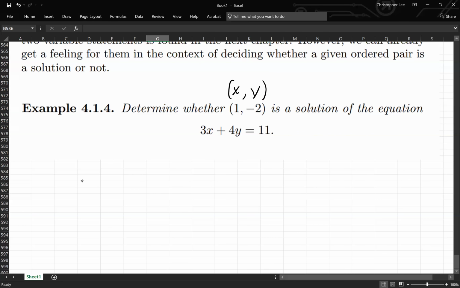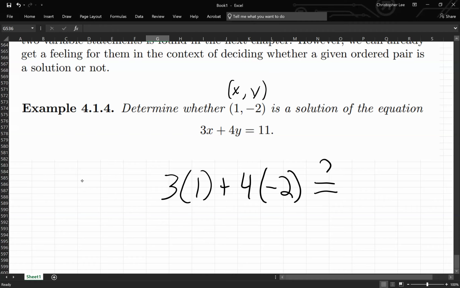So that's all I'm gonna do. I'm just gonna plug it in. So let's see. 3 times 1 plus 4 times -2. What do I want to know? Does that equal 11? I don't know. Let's do the math. What's 3 times 1? I heard somebody say 1. Y'all funny.